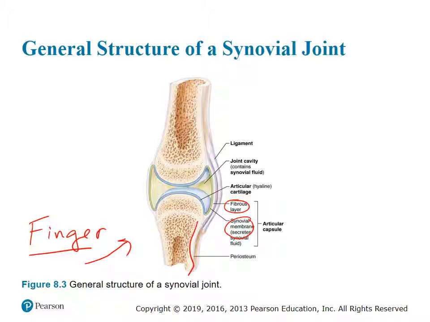That makes the articular capsule. And finally, you see one ligament way out here holding that joint together. But obviously you would see other ligaments holding the joint together, reinforcing the joint itself. Okay?